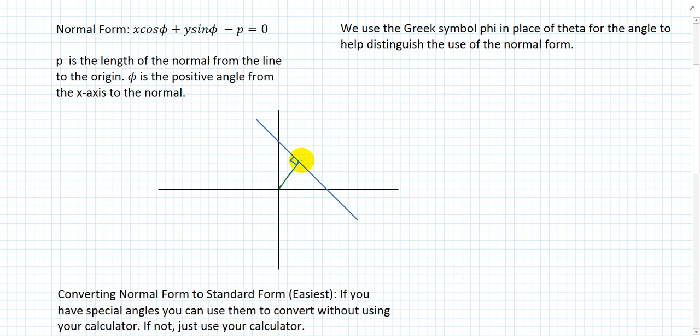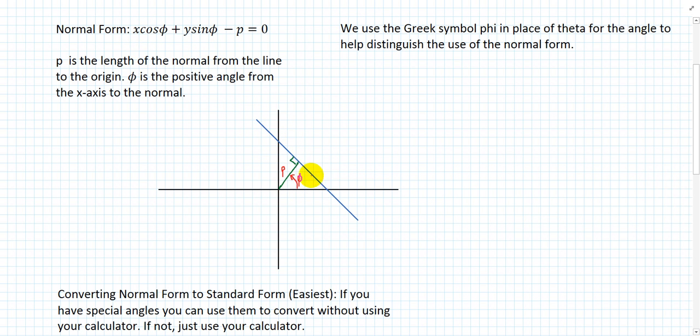A normal is another way of saying the distance between the origin and the line. Then I pull off the angle by starting from the x-axis and going to that. So that's my phi, and my distance is my p. I can give you phi and p, and you can write the normal form of a line, and that's really fast and easy.